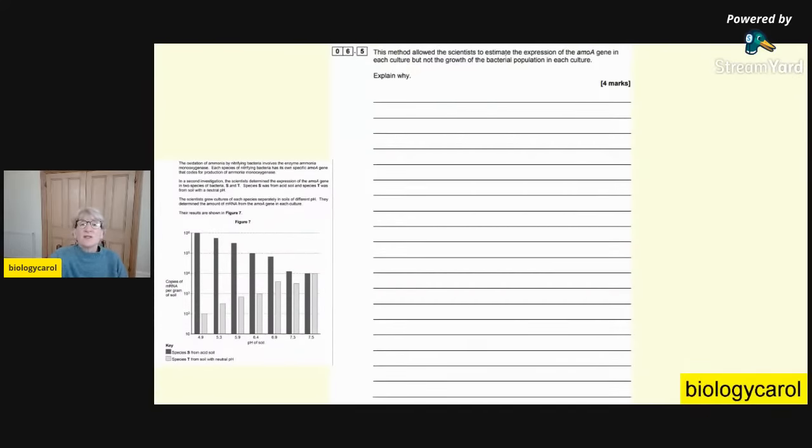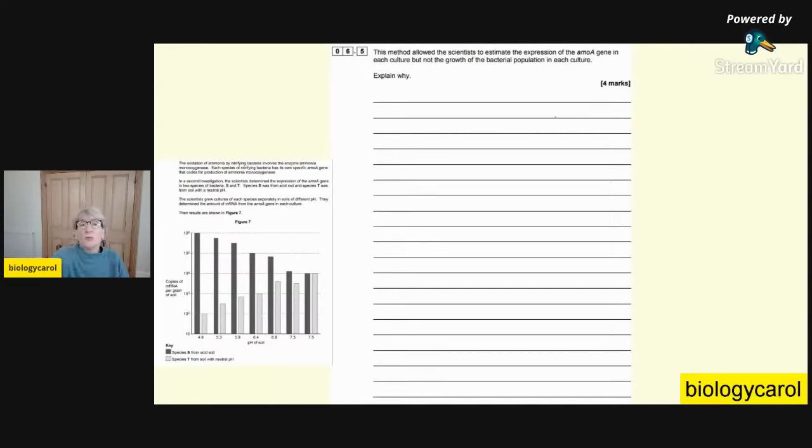This method allows scientists to estimate the expression of the AMO-A gene in each culture, but not the growth of the bacterial population in each culture. 4 marks. I have to say, at this point, I kind of went, well, I think I can get 1 mark. I wasn't sure about any others.